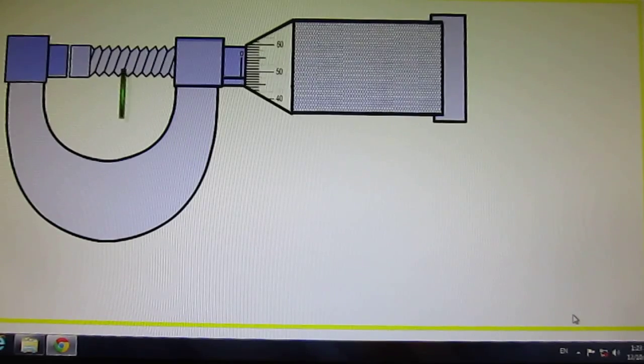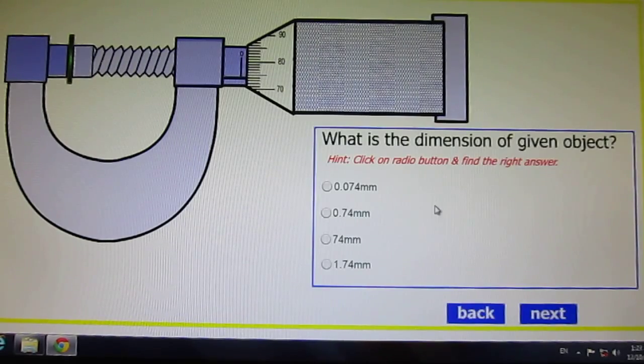Again, one more example. What is the dimension of the given object? Again, we have to look at the baseline and the head scale reading. Not one complete measurement, 1 millimeter. So our reading will be 0.74 millimeter, because the 74th division is aligned with the baseline.